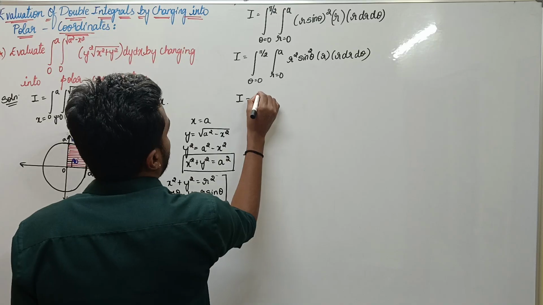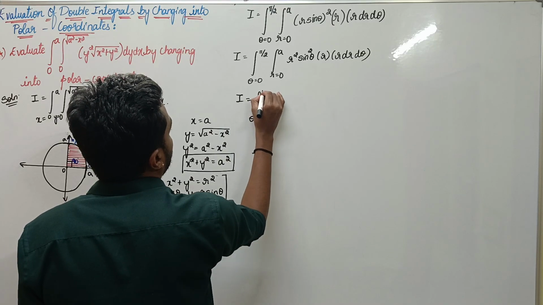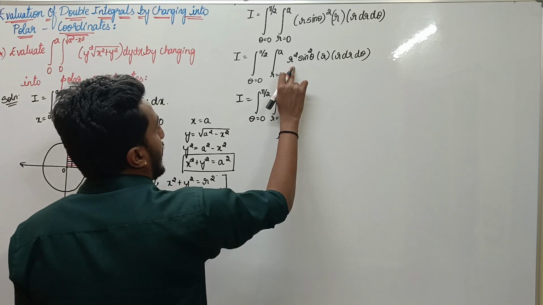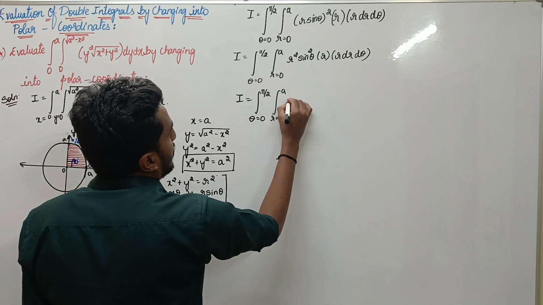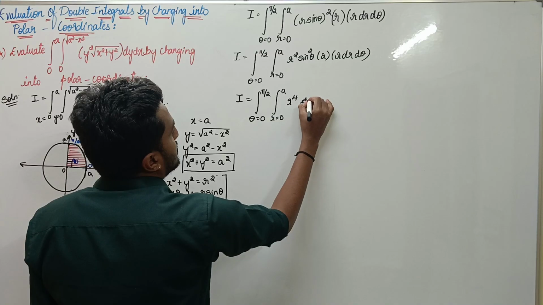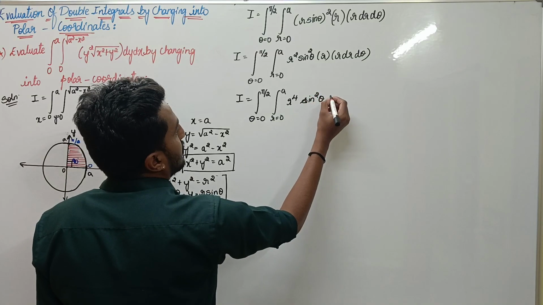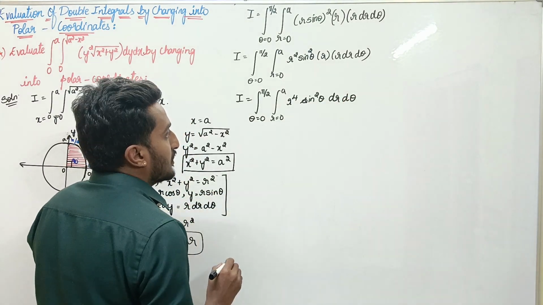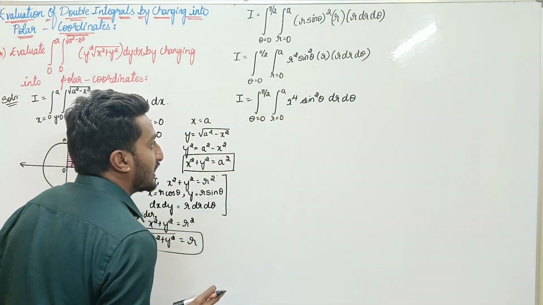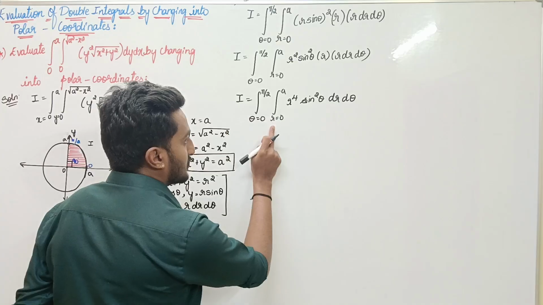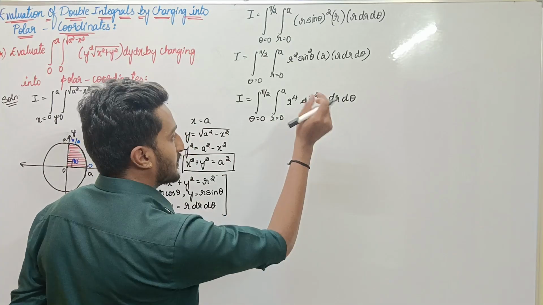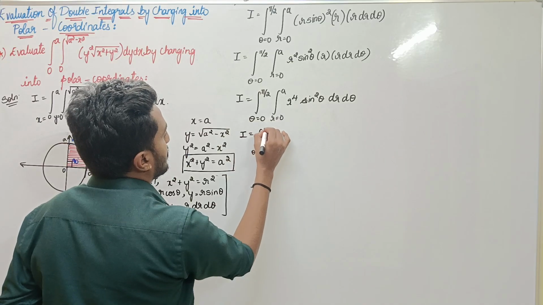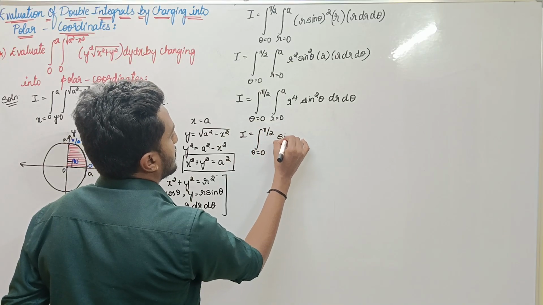Then I equals the integral theta from 0 to pi by 2, integral r from 0 to a, r square into r, you have r power of 4 sin square theta dr into d theta. Since I need to integrate with respect to r first, sin square theta remains the same.